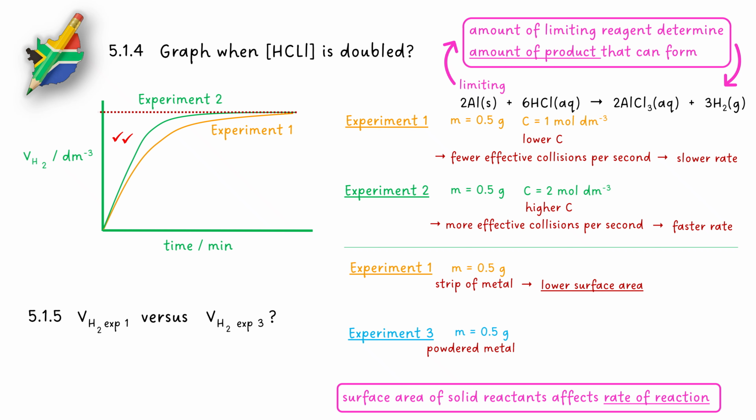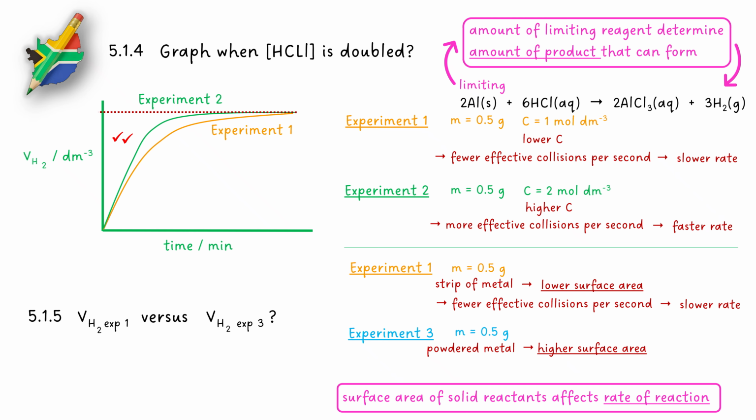Compared to powdered metal of the same mass, a strip has lower surface area as there is just one big particle, which means there are fewer aluminium atoms exposed to hydrochloric acid, and so the frequency of effective collisions is lower. And therefore, the rate is lower or slower.